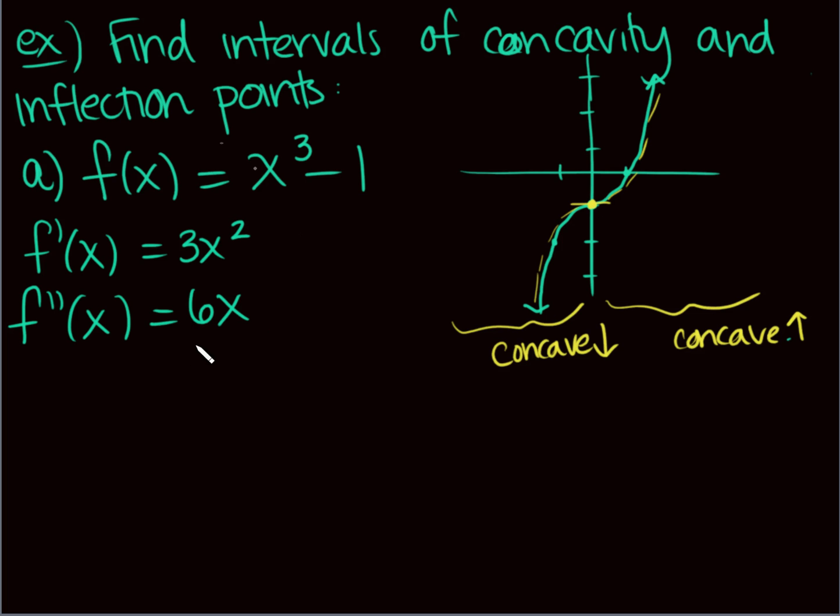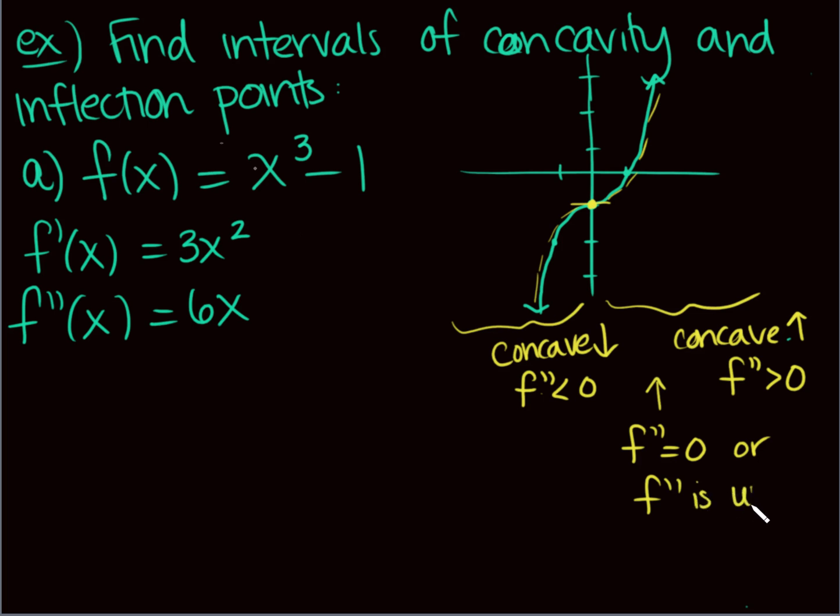Now, how are we going to find intervals of concavity? What do I know about where I'm concave down? I know that f double prime must be negative. Where am I concave up? f double prime must be positive. So if I want to find the spots where I'm concave up or concave down, I know that in between, either f double prime equals 0 or f double prime is undefined, because we have to consider a situation like 1 over x.